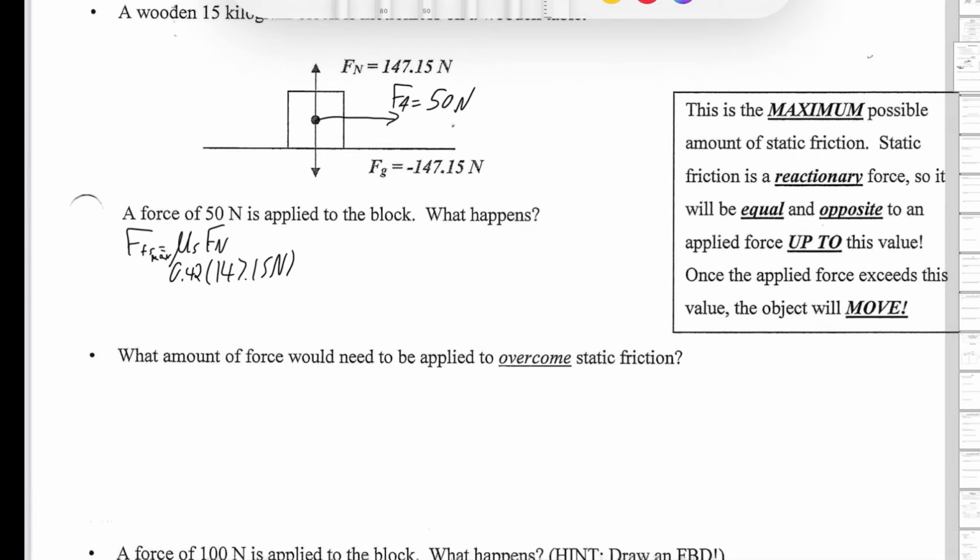From there, we can find our maximum static friction that we would have to overcome. This will be equal to 61.803 newtons. So in this case, the block is going to stay still.